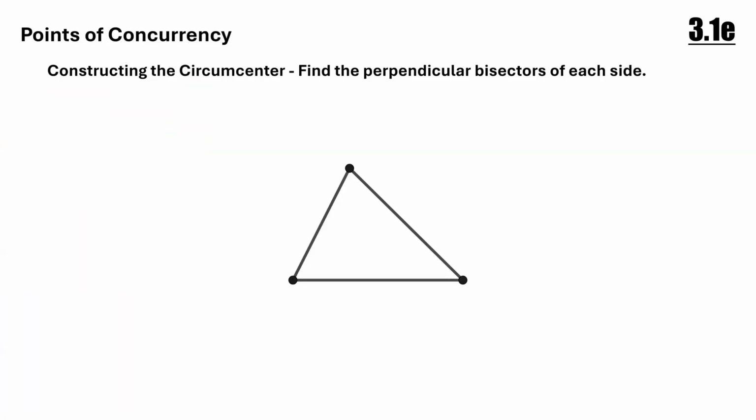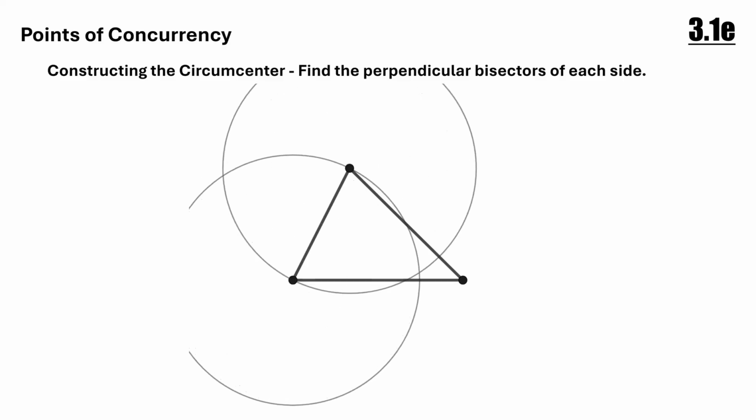To find the circumcenter of a triangle, find the perpendicular bisectors of each side. To find the perpendicular bisectors of each side, make each side the radius of 2 circles and draw a line where each pair of circles intersect.